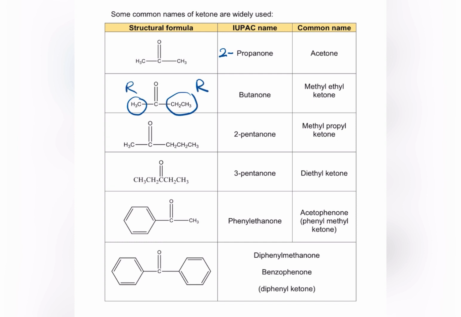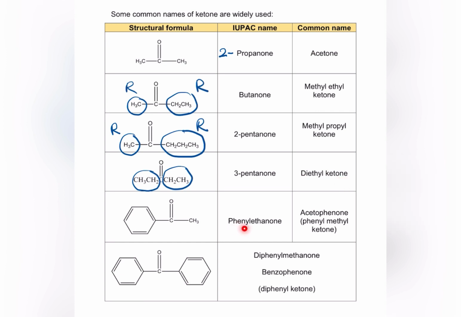So the first one for your alkyl group you have methyl, and the next one you have propyl. So next one I have 3-pentanone, where the other name for this one will be diethyl ketone. You got two ethyl groups attached to the same carbonyl carbon. That's why the common name is diethyl ketone.